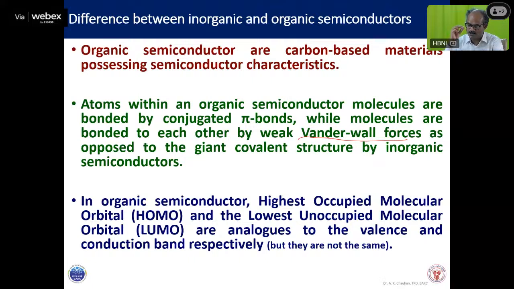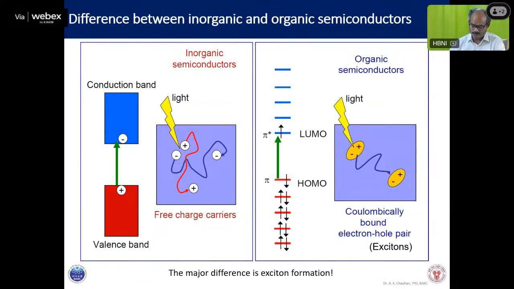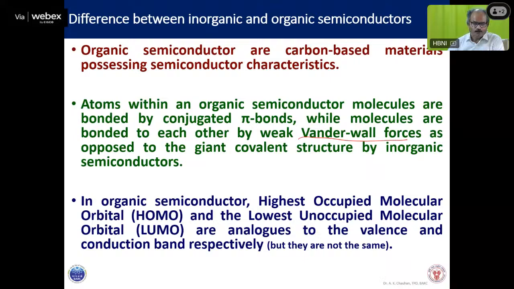The thickness of the HOMO band and LUMO band is also very low compared to the valence band and conduction band. You keep it in mind, there is a technical difference.